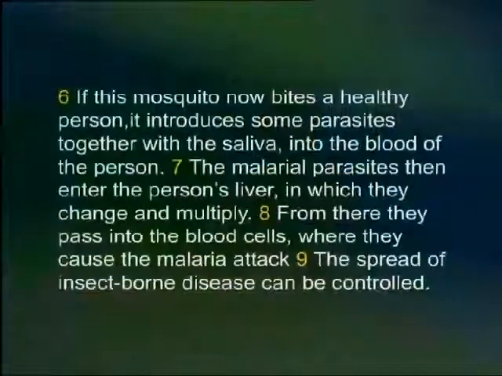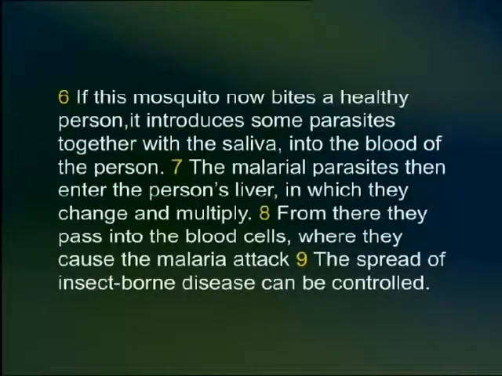Number 6, if this mosquito now bites a healthy person, it introduces some parasites together with the saliva into the blood of the person. Sentence number 7, the malarial parasites then enter the person's liver, in which they change and multiply. Sentence number 8, from there they pass into the blood cells where they cause the malaria attack.